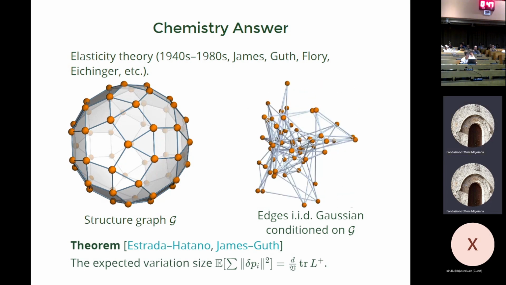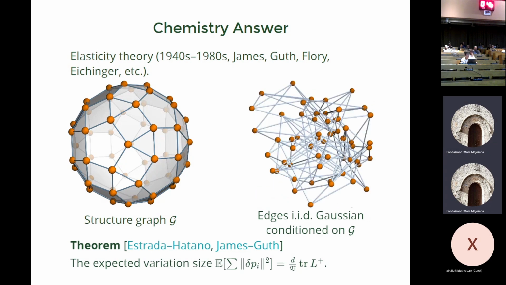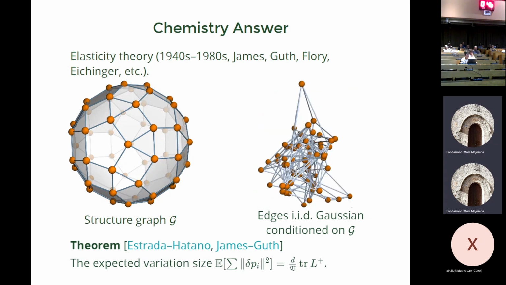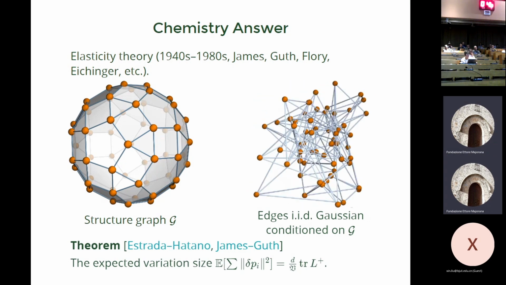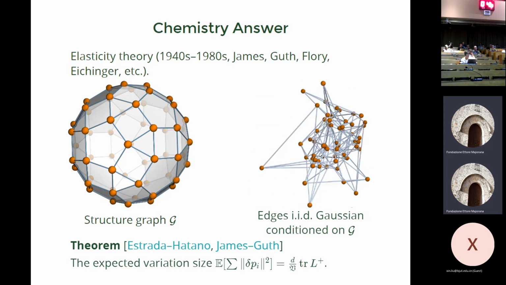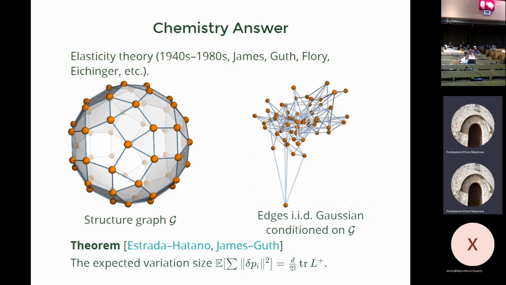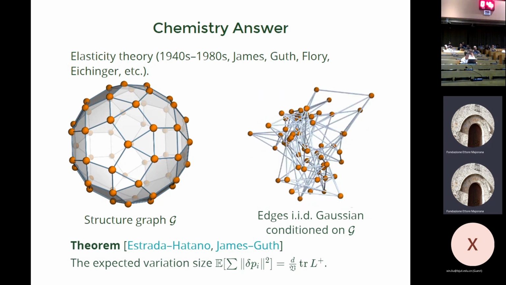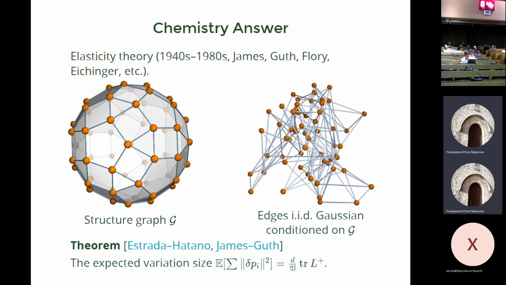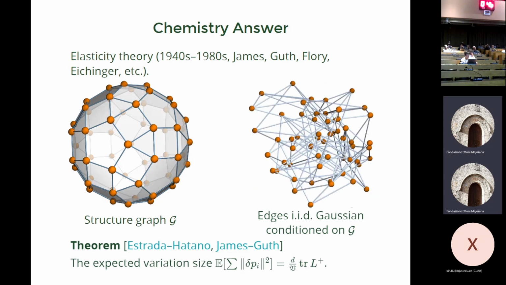And one thing you might be interested in is, well, what's the expected size of variations? So the expectation of the sum of the squared variations of these positions. And this, in some sense, goes back to these papers from the 40s, and is expressed also in this paper of Estrada and Hatano. And what they say is, okay, well, this is in D dimensions.